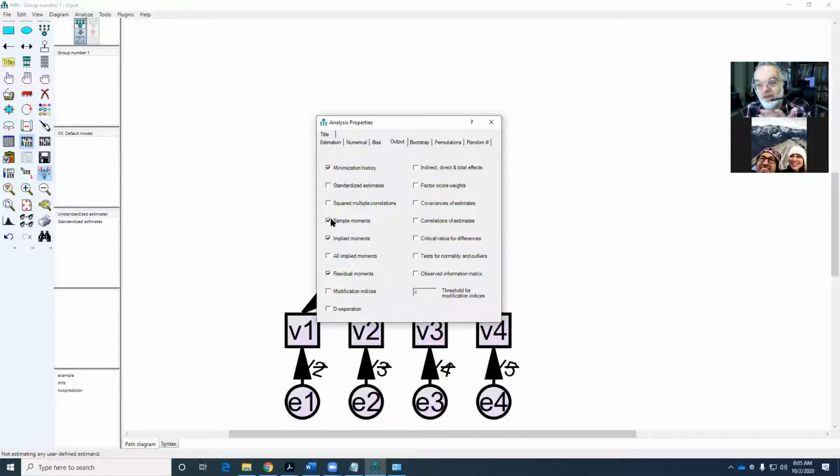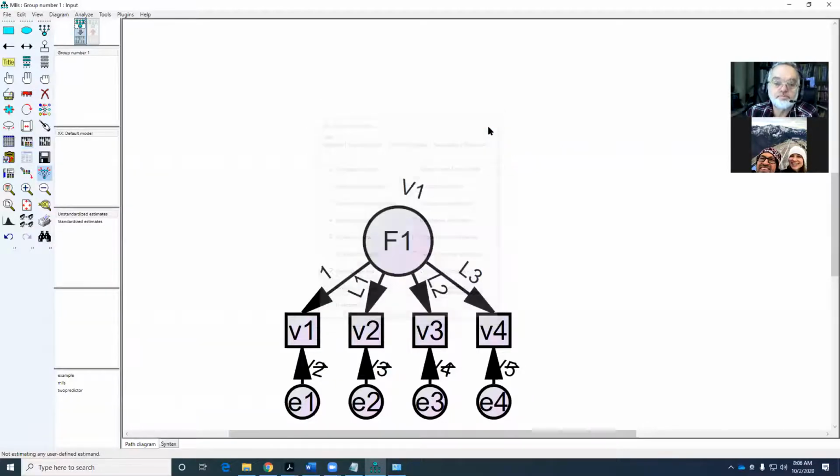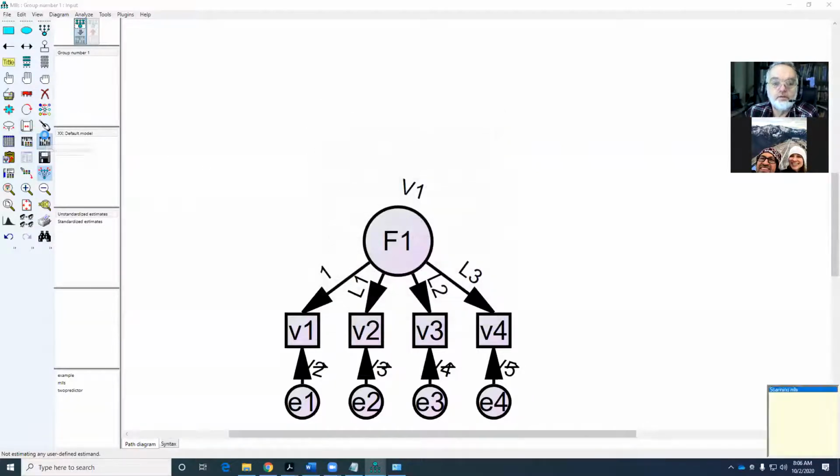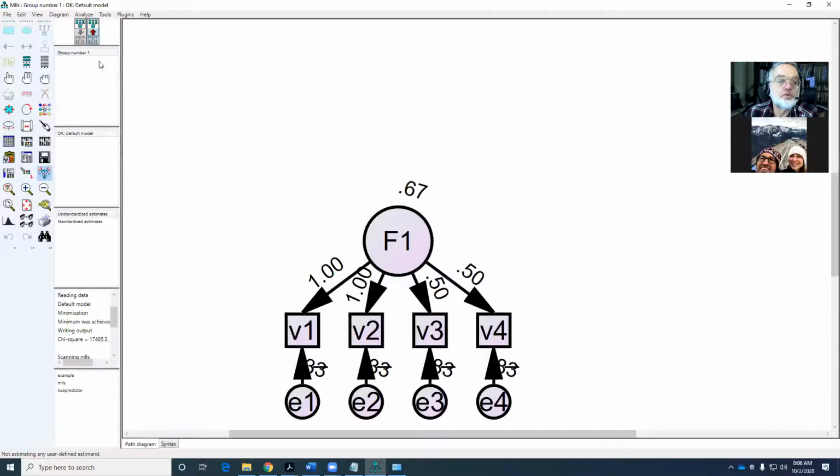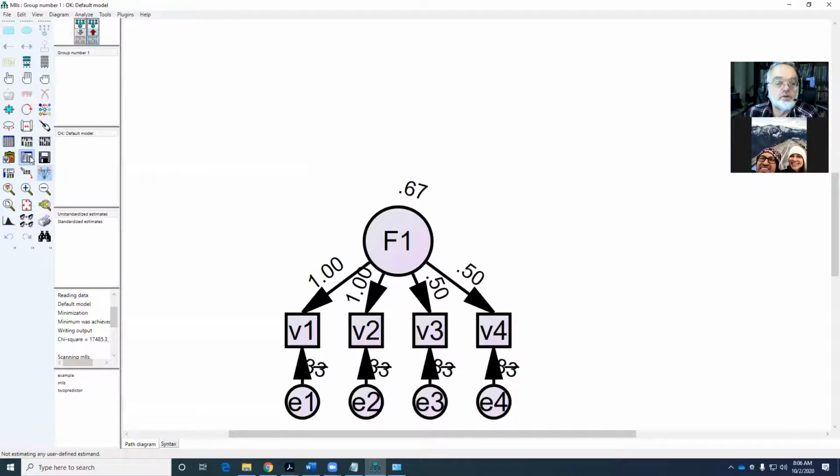That is, I want to see the correlation matrix echoed back to me. And I also want to see what the values of the implied correlation matrix are. So I can hit that run button, at which point I have some numbers. And I can look at my output.